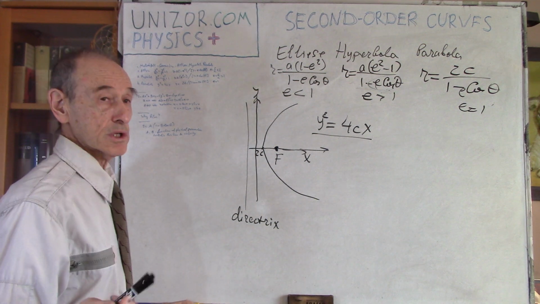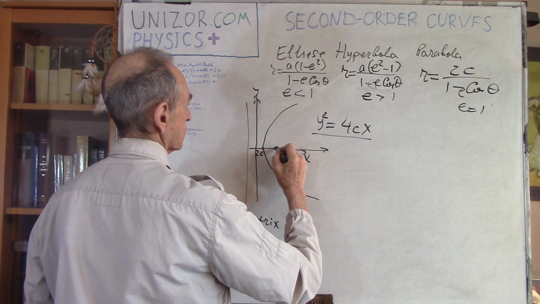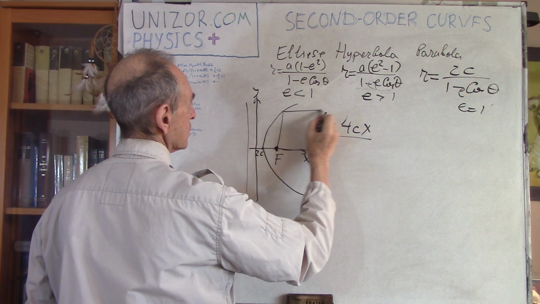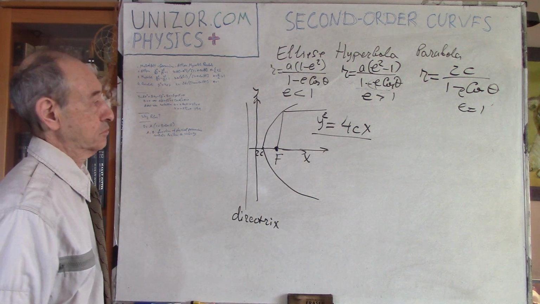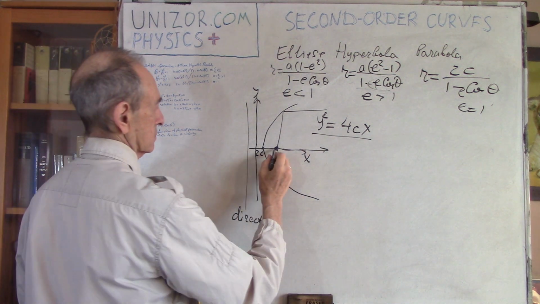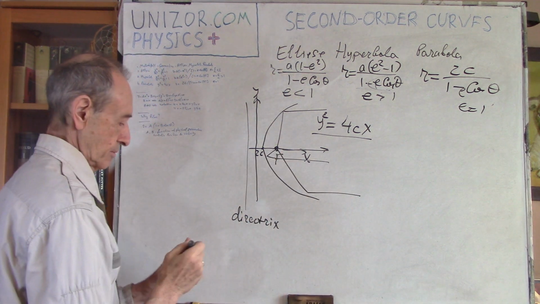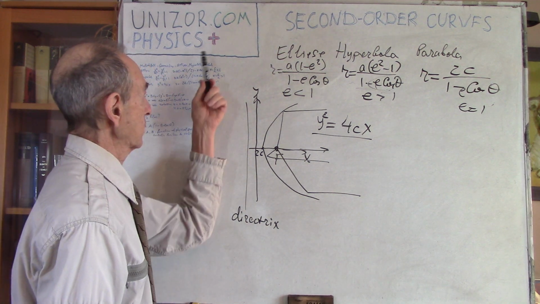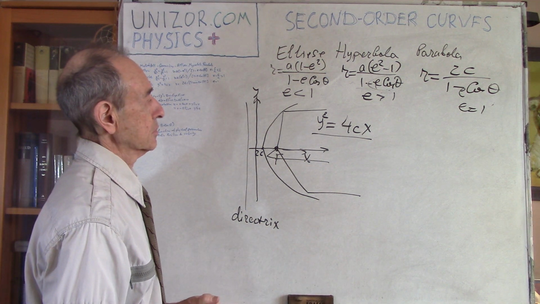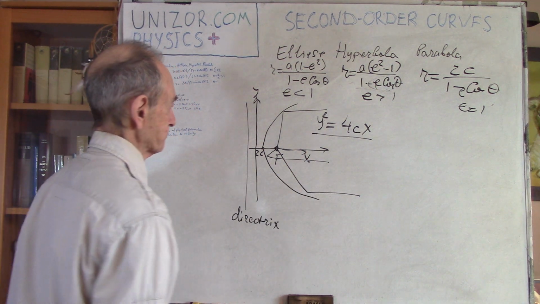And by the way, the optical property of a parabola is, if you put a ray of light here, it will always be reflected parallel to the major axis of the parabola. Okay. Again, it was proven in the Math Plus course, geometry, where I was discussing properties of a parabola.